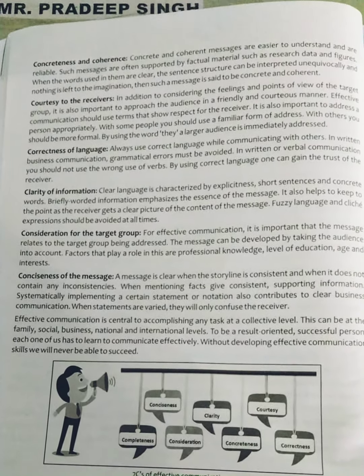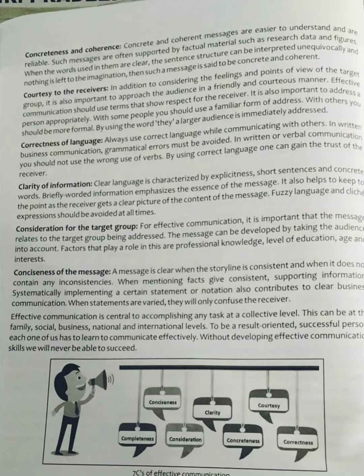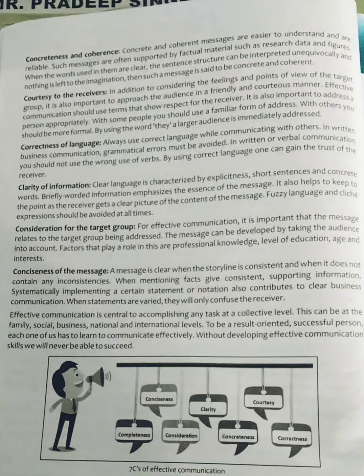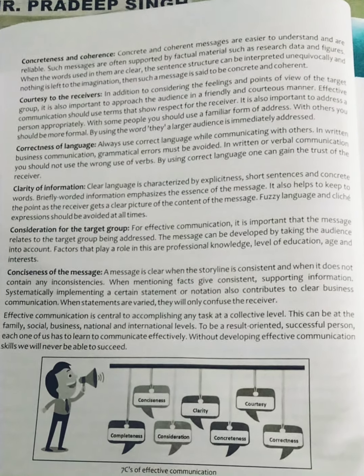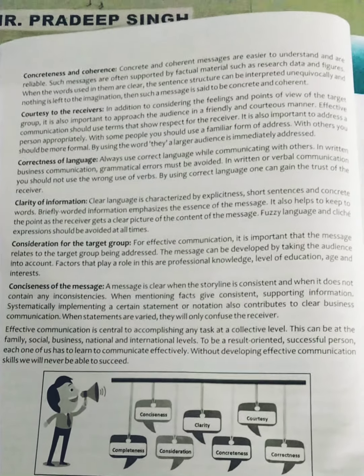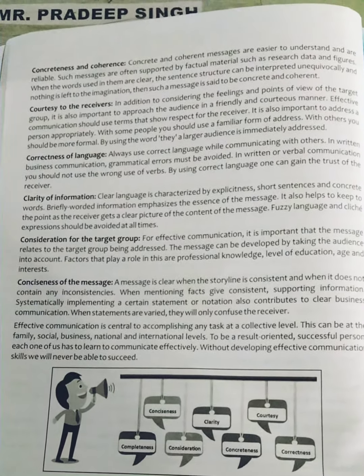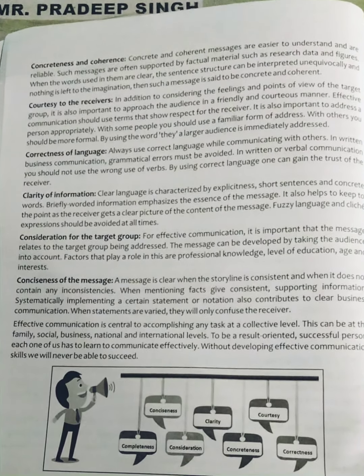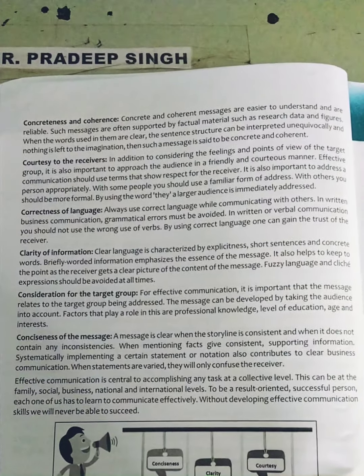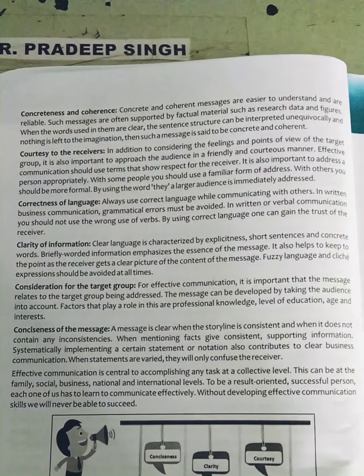the positive feedback. Okay, the next one is clarity of information. So that simply means that you need to be clear in your communication, so that receivers receive a clear message. Clear language is characterized by explicitness, short sentences and concentrated words.